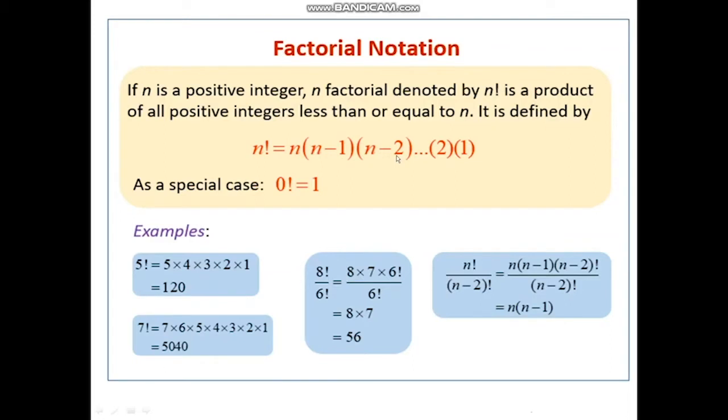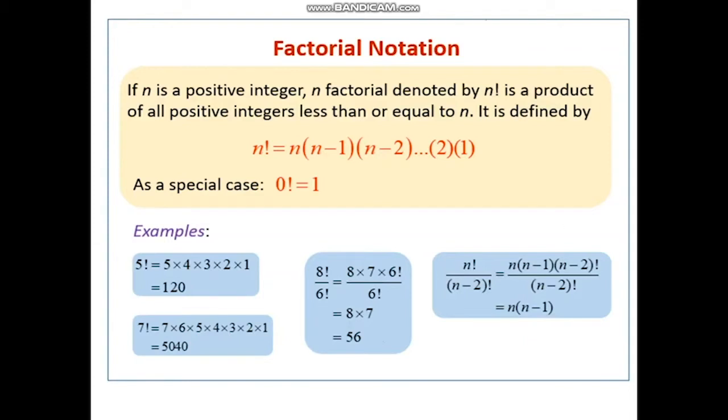Guys, keep in mind, 0 factorial is not 0. 0 factorial is always 1. Let's see some examples. What is the factorial of 5? We already know how to calculate it: the product of all positive integers less than or equal to that number. So 5 factorial is equal to 5 times 4 times 3 times 2 times 1.